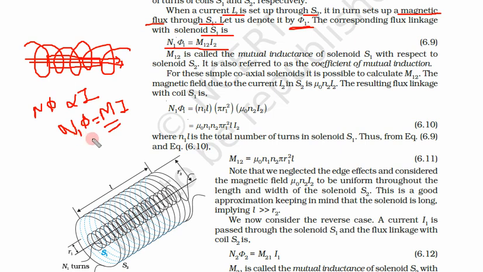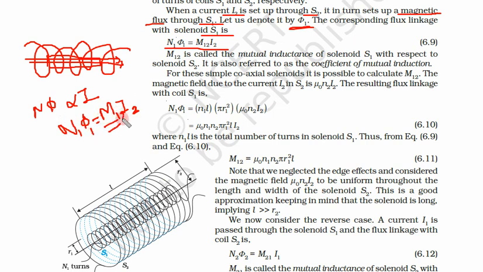So in coil 1, the number of turns is N1, the flux set up is phi 1, and the current is I2, because in this small coil there is no current. There is a constant which turns the current set up in the bigger coil into flux in the smaller coil.